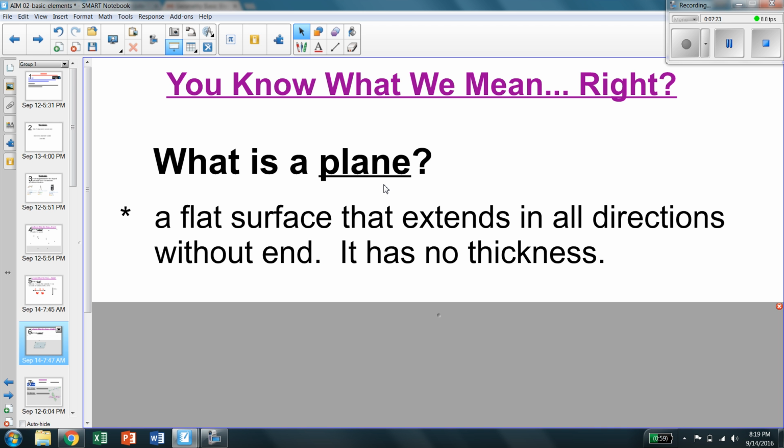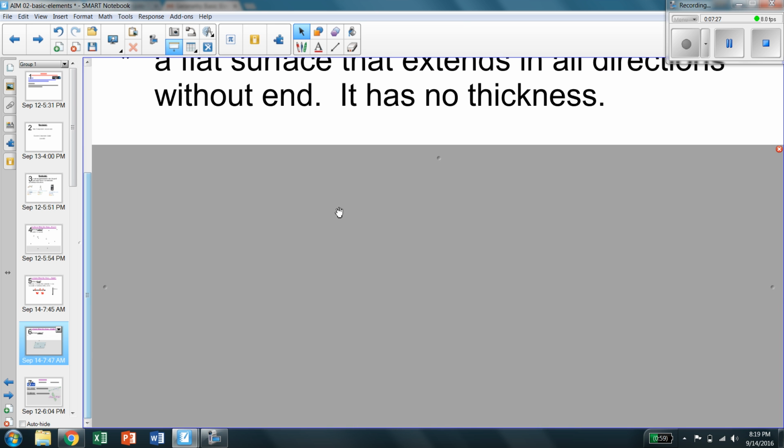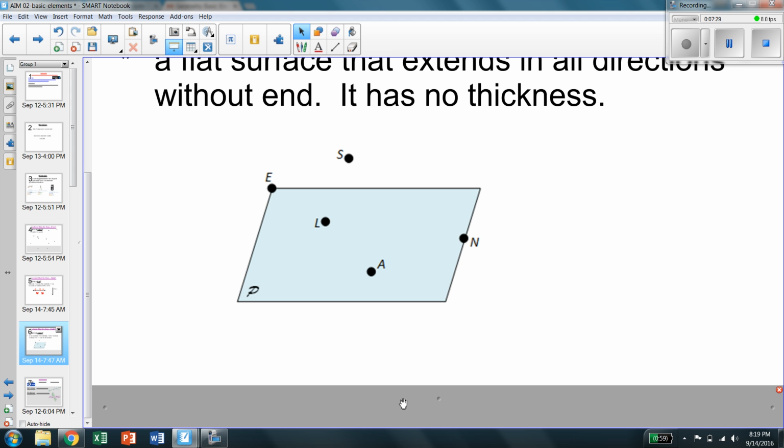And again, same situation. They extend forever, just like a line, but more two-dimensionally speaking. So we often draw planes with some sort of a parallelogram looking shape, but just remember, imagine if I stretch this and pulled it that way, stretch it and pulled it that way, and so on and so forth.